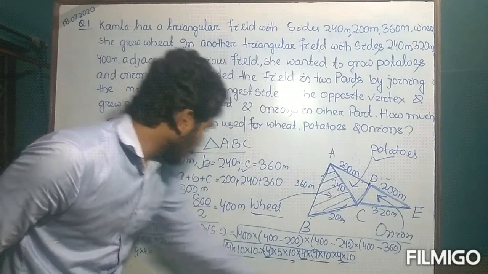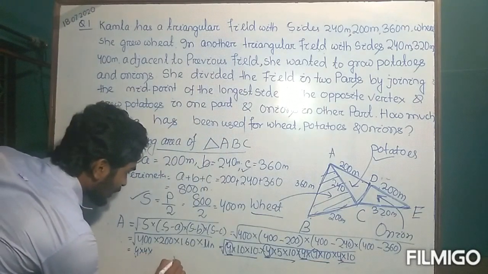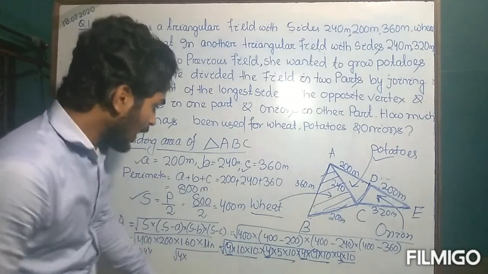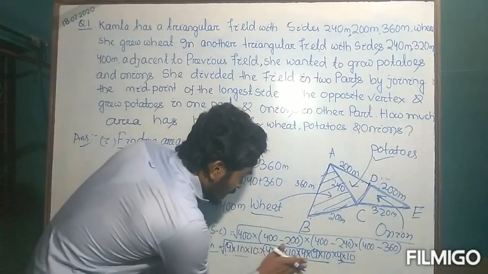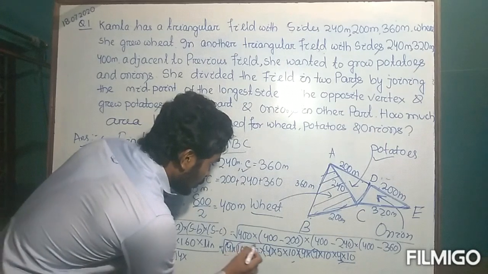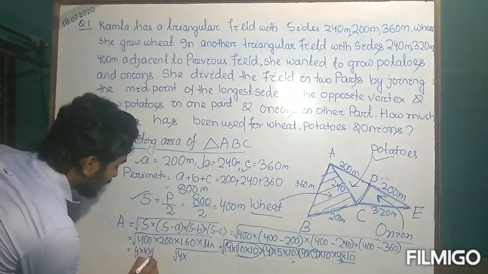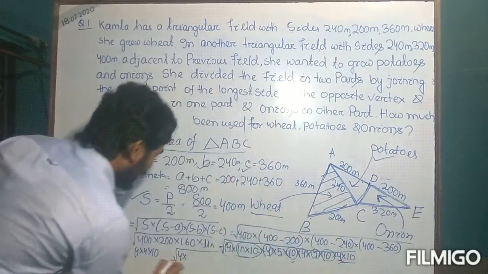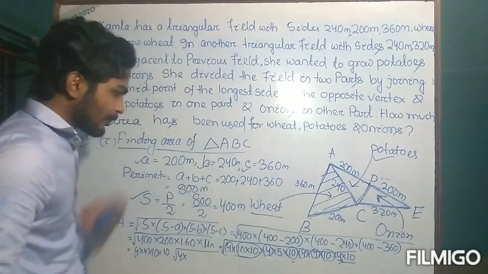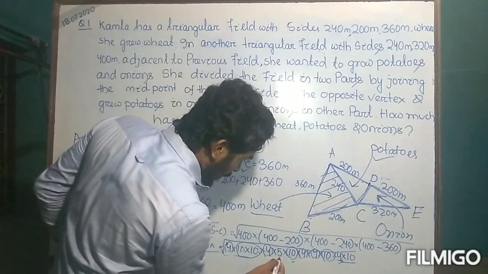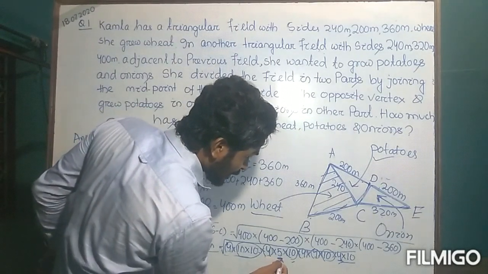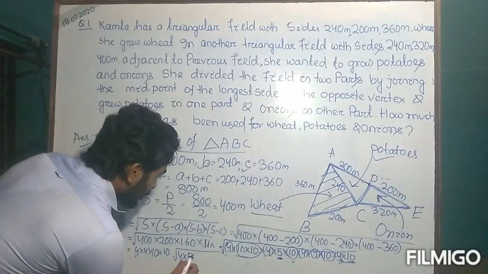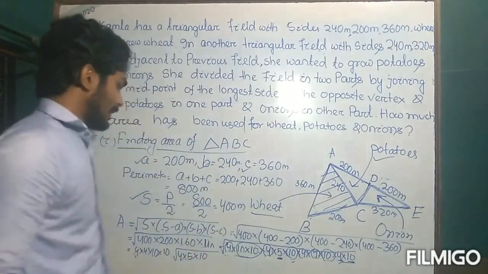Now there is one more 4, so write it inside the square root. Now you can see for this 2 10 you can write a single 10. For this 2 10 you can write a single 10. Clear? Now what remains? 5 and a single 10.